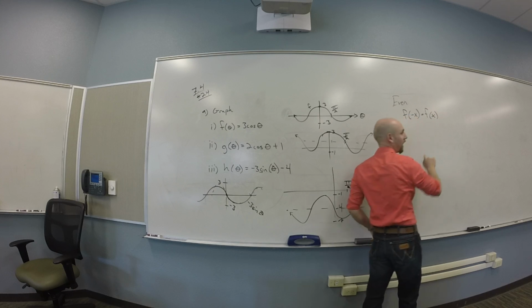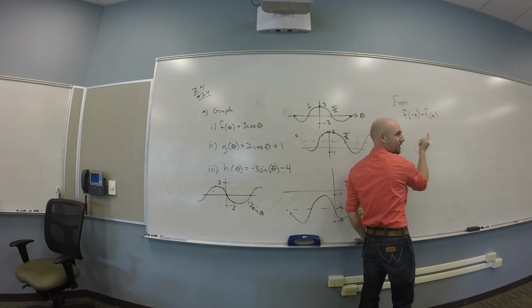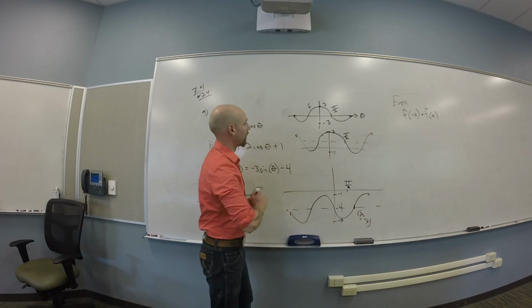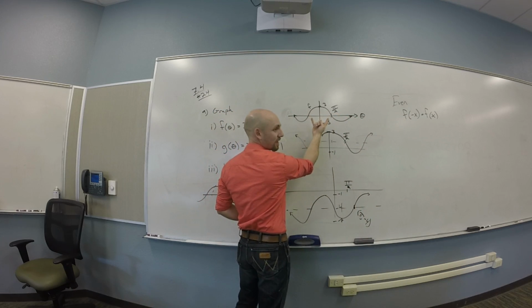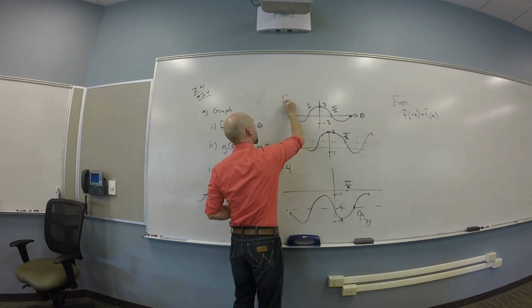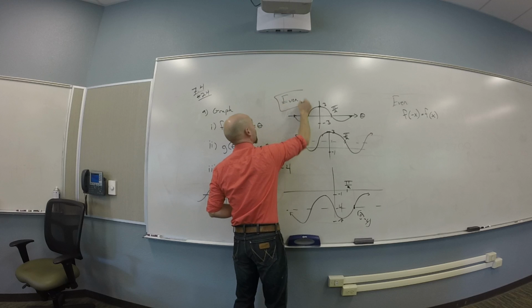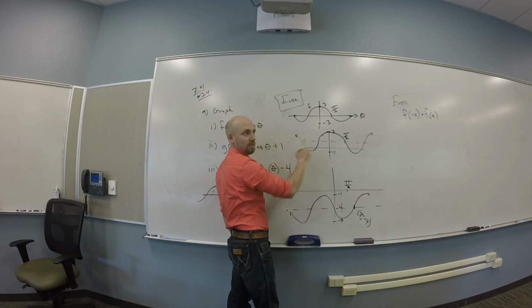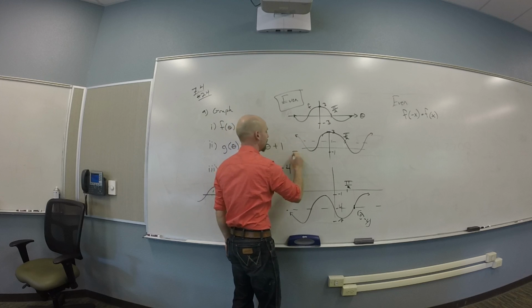In other words, if a flip this way doesn't do anything. So if I flip this one this way, it's the same. So this one's even. Next one's even. That was f, right? G is also even.